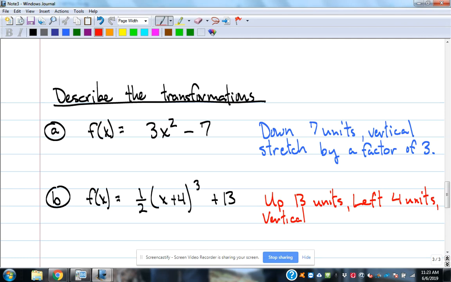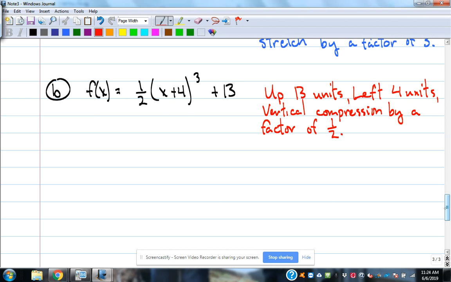Compression, because the number is less than 1. So that's how we know it's a vertical compression by a factor of 1/2. Vertical compression by a factor of 1/2. Pretty easy.